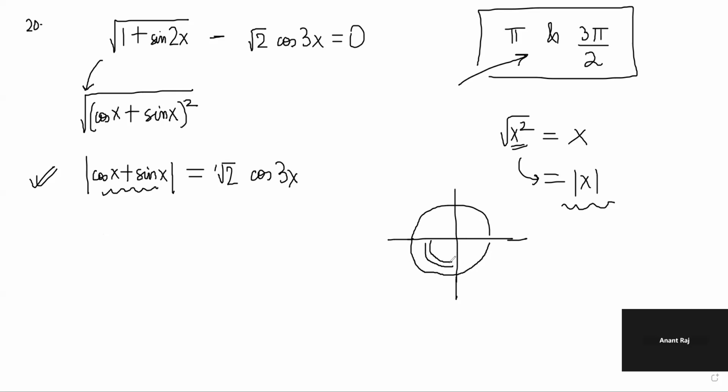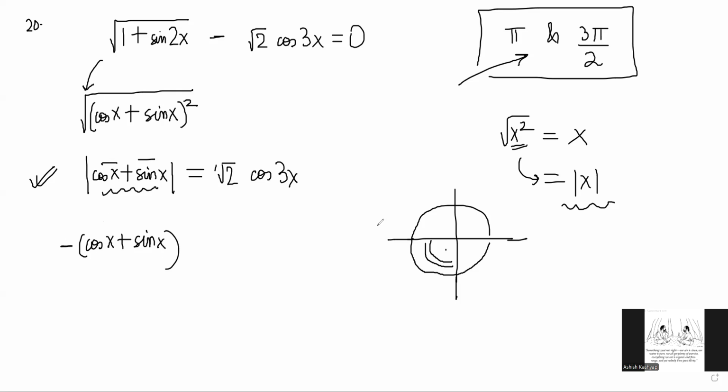Yes. In third quadrant, cos x and sin x are both negative. Yes, sir. So cos x plus sin x will be totally negative, right? Yes, sir. So we'll take out the modulus with what sign? Negative. And we will not worry about the other cases because our solution has to be restricted in this range, right?